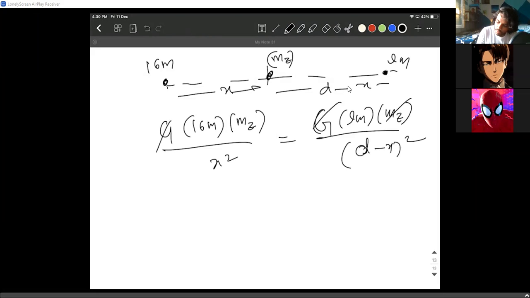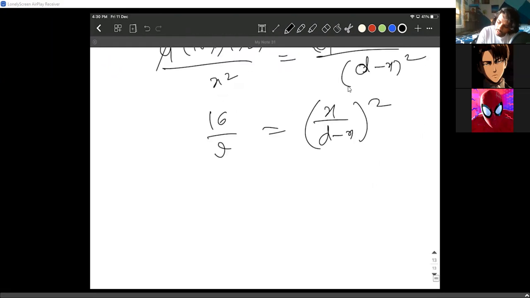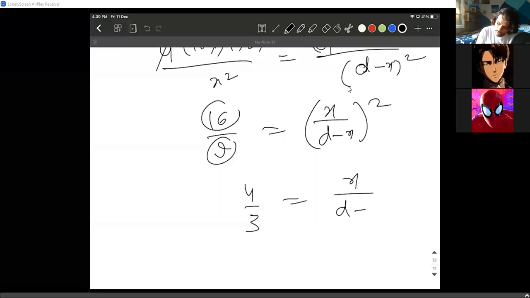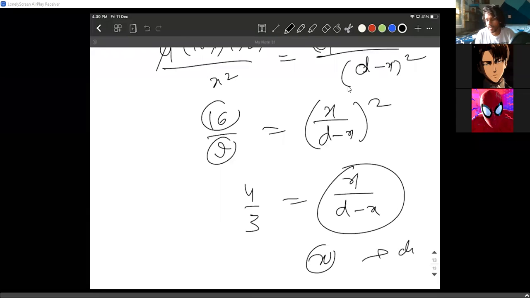G gets cancelled, mz gets cancelled, m gets cancelled. What you have here is 16 by 9 equals x by d minus x whole square. So from this, 4 by 3 equals x by d minus x. So from this you can clearly get the values of x and d minus x.